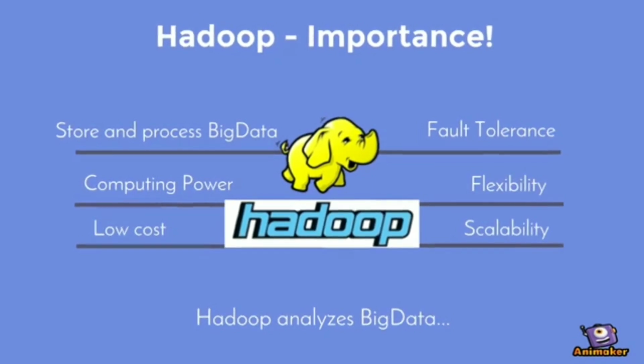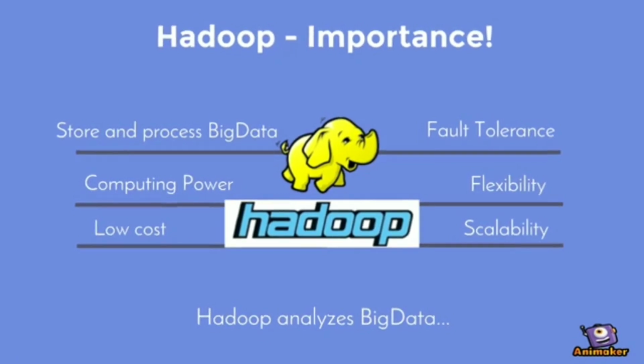Flexibility. Hadoop is more flexible. We can store as much data as we want and decide how to use it later. This data includes unstructured data like text, images, and video. Low cost.